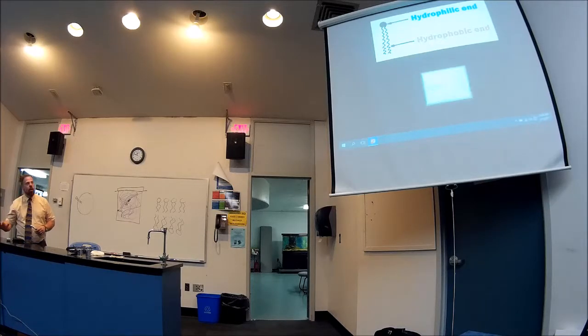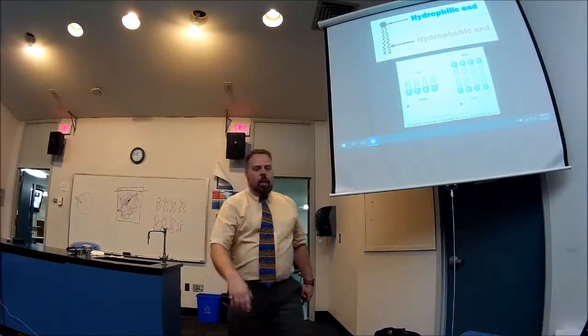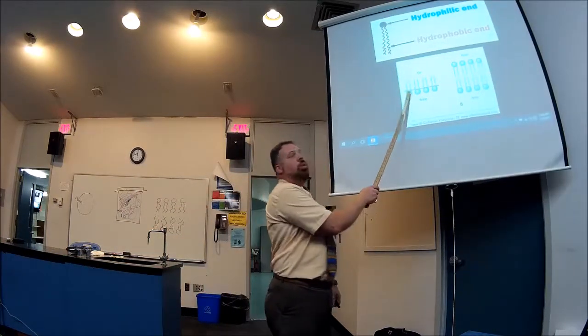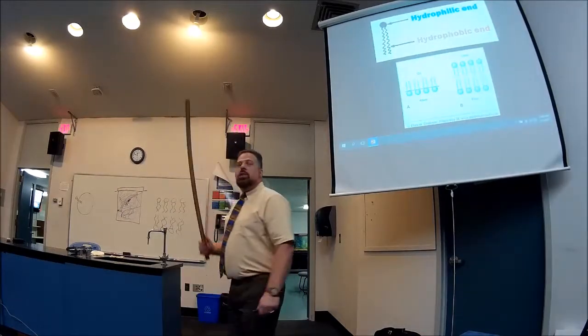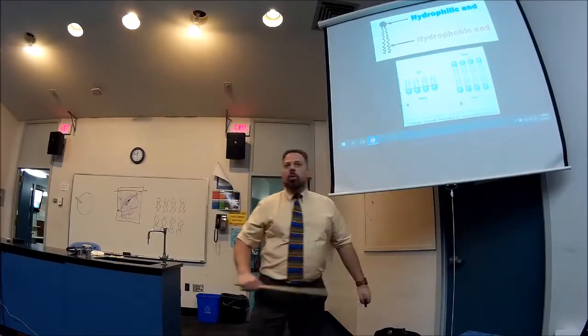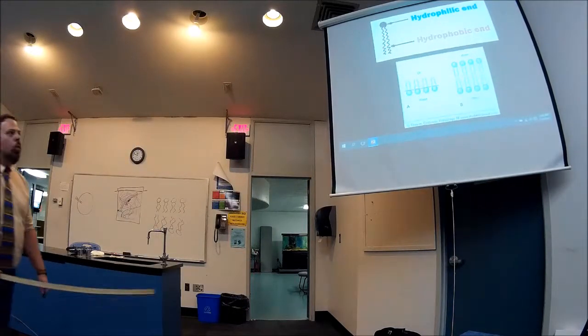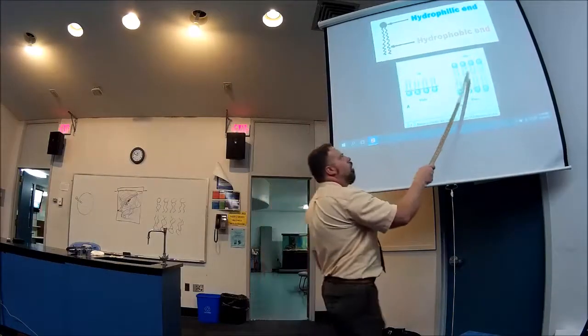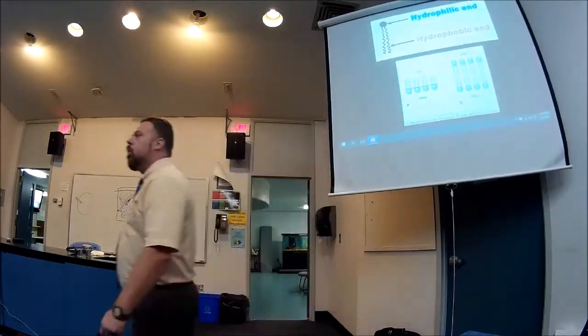All right? So what somebody was saying is that it would go to the top. Yes, you're absolutely right. If there was air in there, it would float to the top, and the tails would stick out of the water. But there's no air, I was explaining. So it would form this kind of setup with water on either side, protecting the part that doesn't like water.